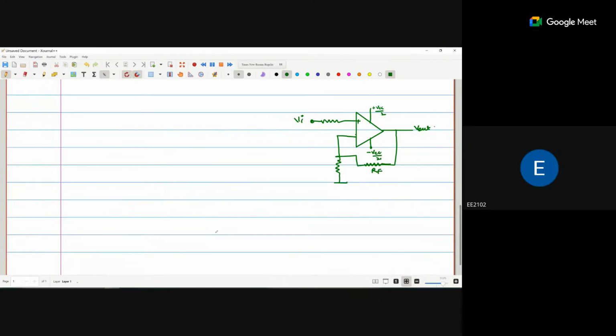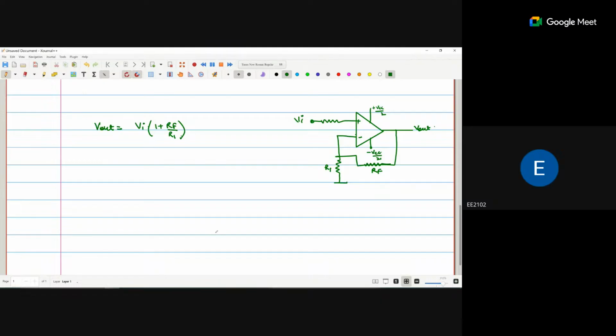This is RF, R1. V out is VI times 1 plus RF by R1, a non-inverting amplifier. RF upon R1 is the feedback gain, so 1 plus RF by R1 times VI.